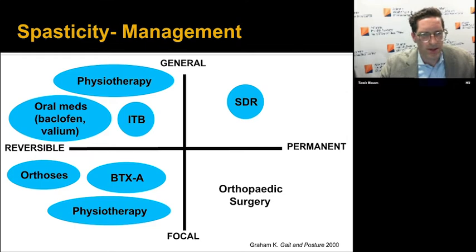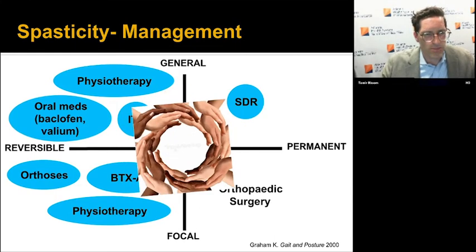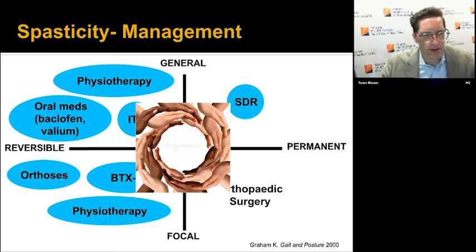Another way we can think about these treatment options are those that are reversible, such as various medications and orthoses and therapy, Botox or intrathecal baclofen, and those that are permanent, including selective dorsal rhizotomy that is performed by my neurosurgery colleagues, and what we do over here in orthopedic surgery. The important thing to recognize is that all these modalities should be integrated for the optimal care of a patient with CP, rather than using them hierarchically.